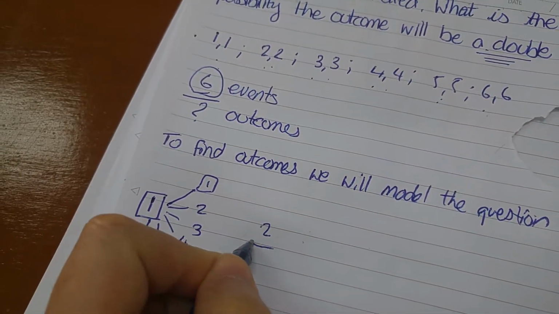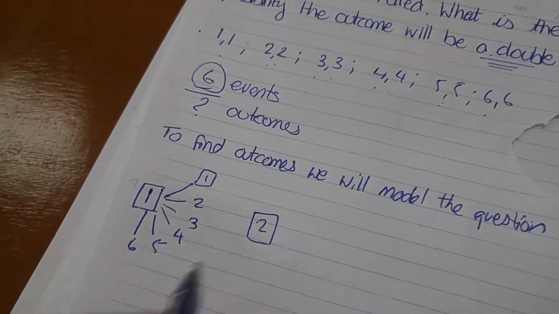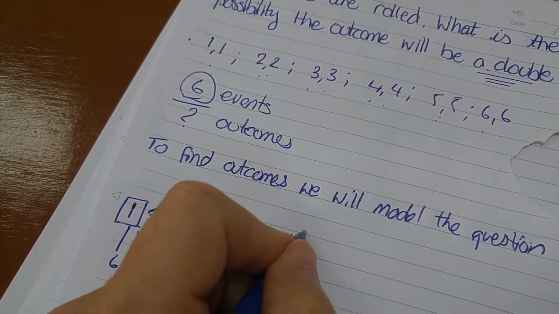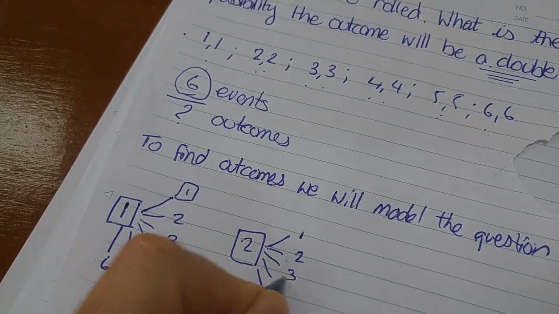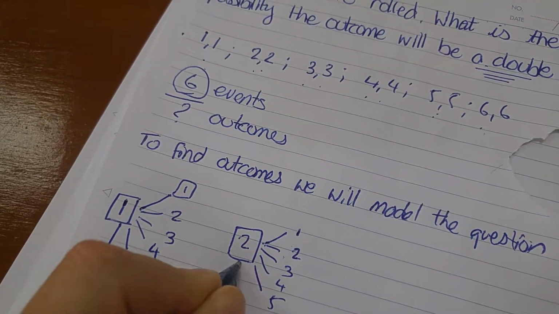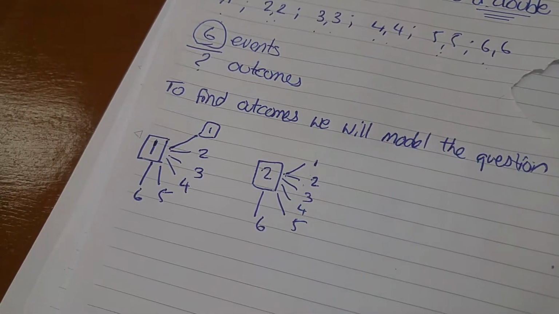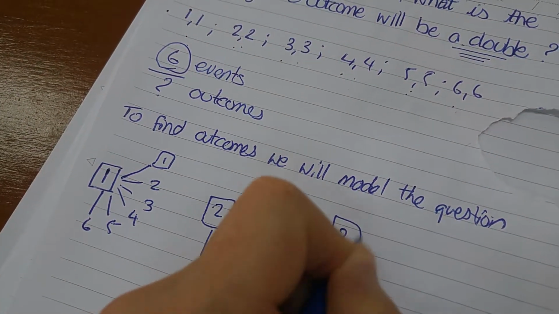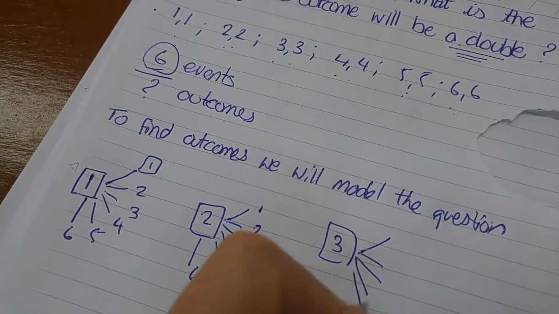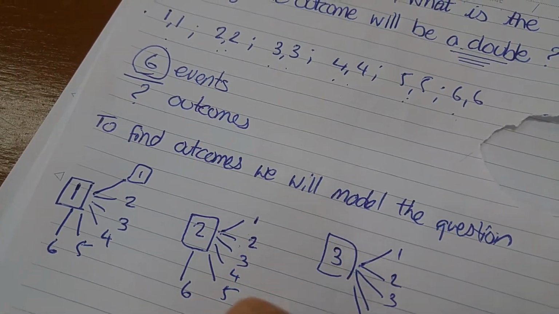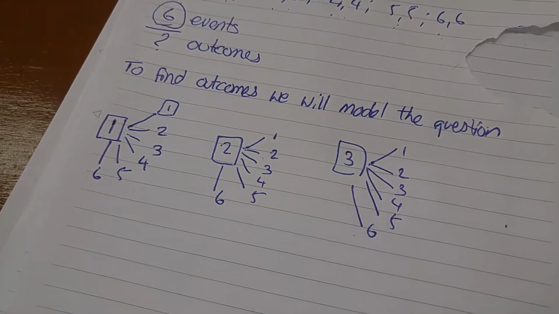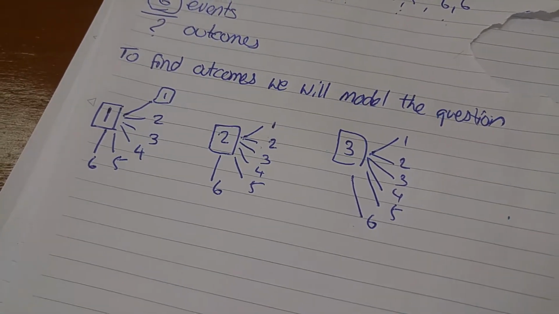If the first die is a 2, the other possibilities are a 1, a 2, a 3, a 4, a 5, and a 6. Again, 6 different possibilities. If we roll a 3 first, a 1, a 2, a 3, a 4, a 5, or a 6 could be the possibilities for the second dice.